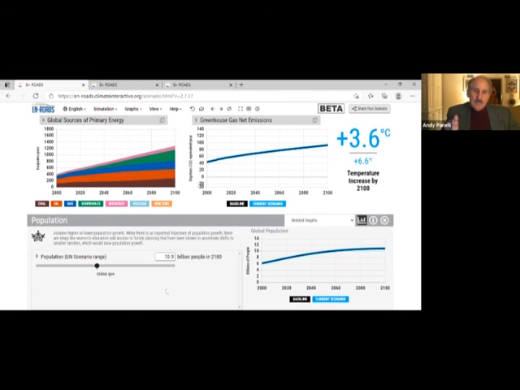So if we gave birth control out to all the third world people, it's not going to have that big of an impact, because we've got a billion people that are only impacting climate emissions by 0.5%. So it's not them that's the problem. It's us.